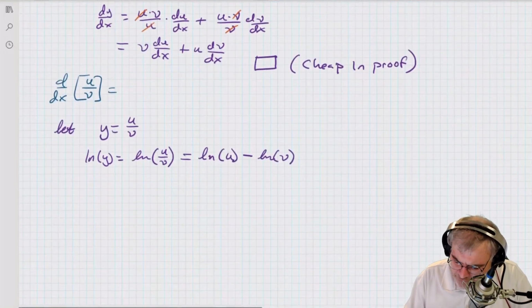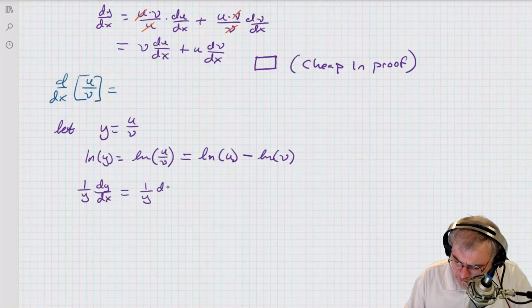So when I take the derivative of both sides, I'm going to wind up with 1 over y dy over dx equals, I'm sorry, not 1 over y, 1 over u du over dx minus 1 over v dv over dx.